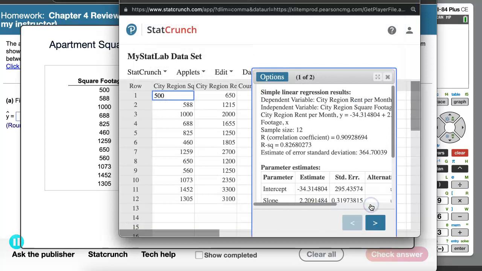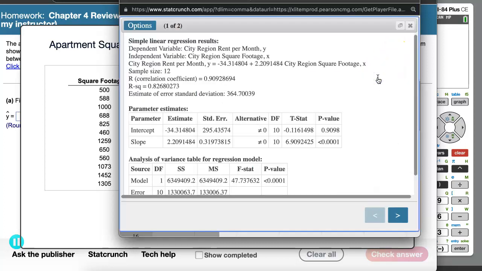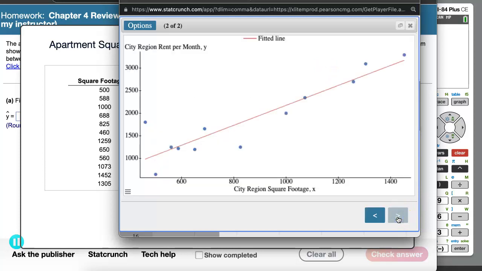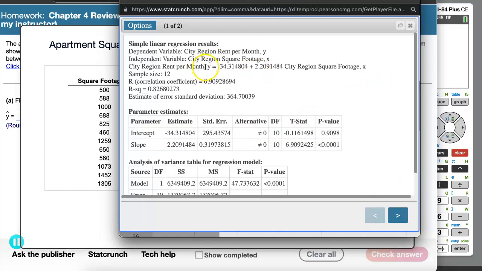I'm going to compute. And I'm given a whole lot of information here, way more than what I need. I'm also given a graph if I want to go back and compare this graph to the graph that was presented in the original problem. But I want to go back to this one because it also gives me here the least squares regression line.